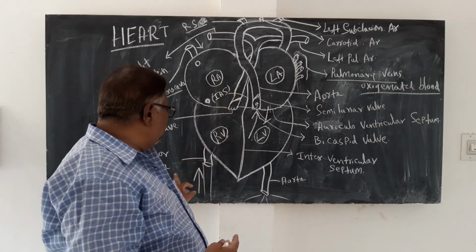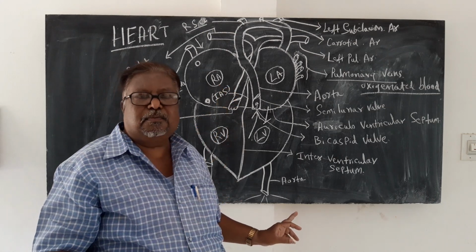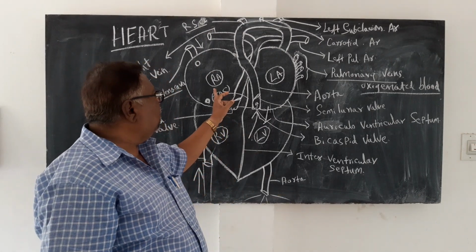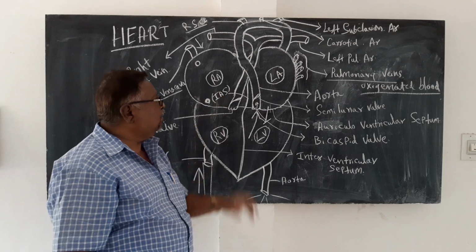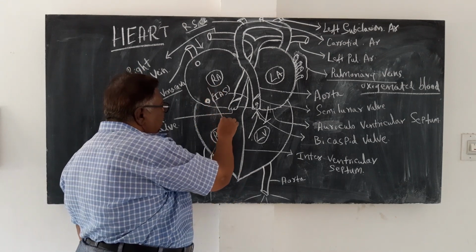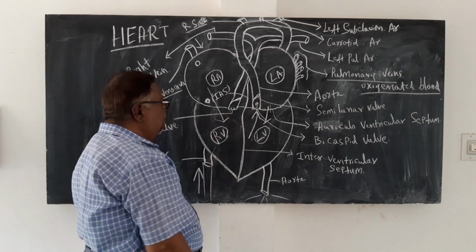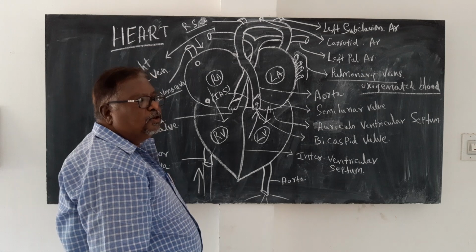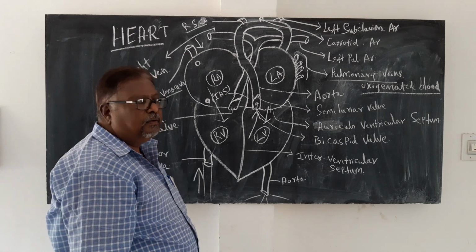Whereas the inferior vena cava brings the venous blood from the posterior side to the right auricle. They both open in the right auricle. When the right auricle is contracted, then the blood moves in the right ventricle. That is the venous blood. It has to be taken to the lungs for purification.